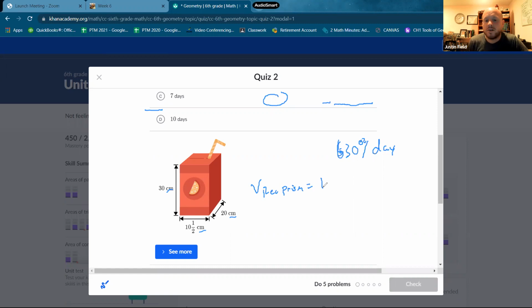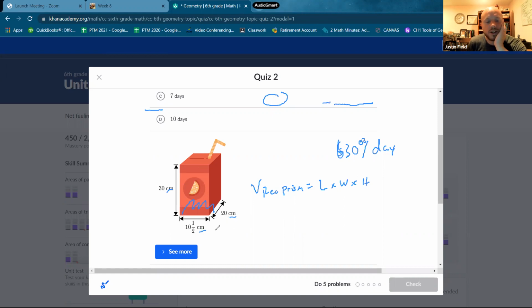Volume is base times, oh man, we're going to have to use the old length times width times height. I love to think about volume as base area times the height, but we'll just say length times width times height. So what's the length?